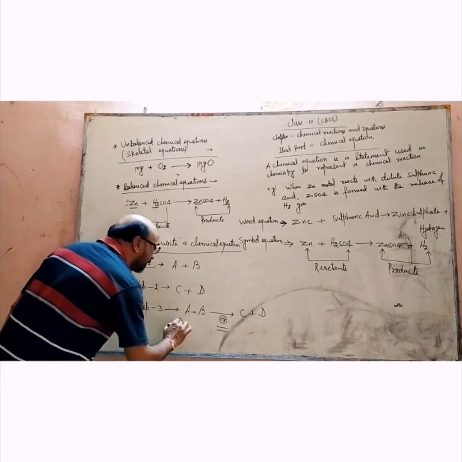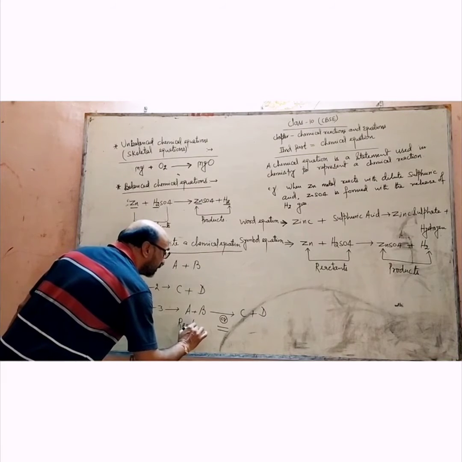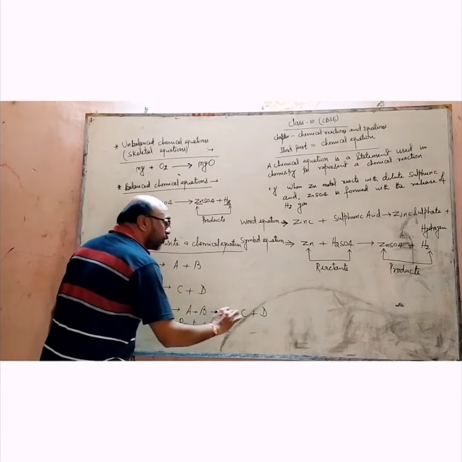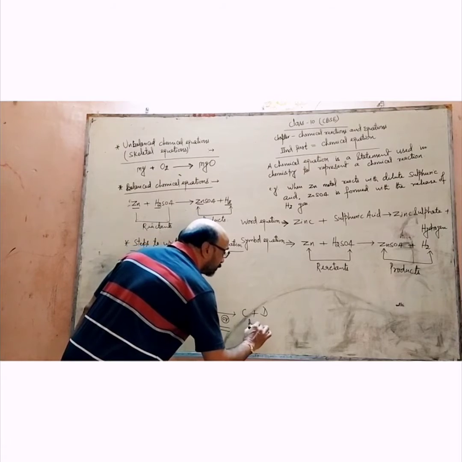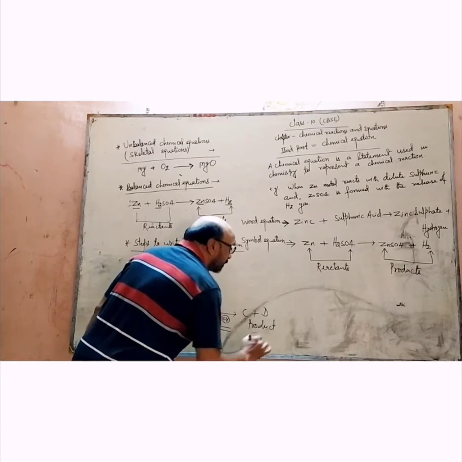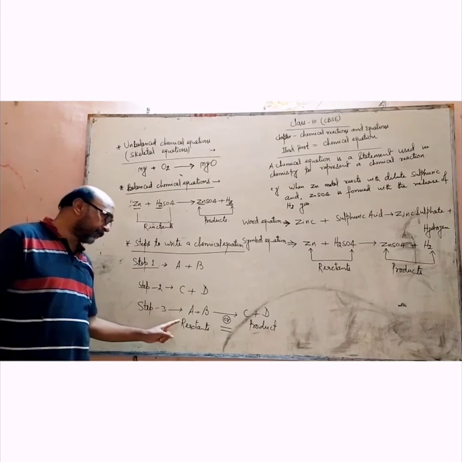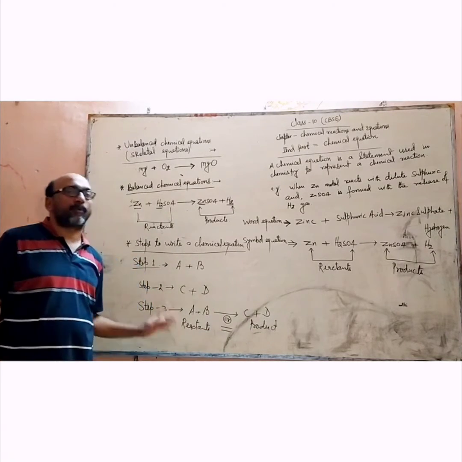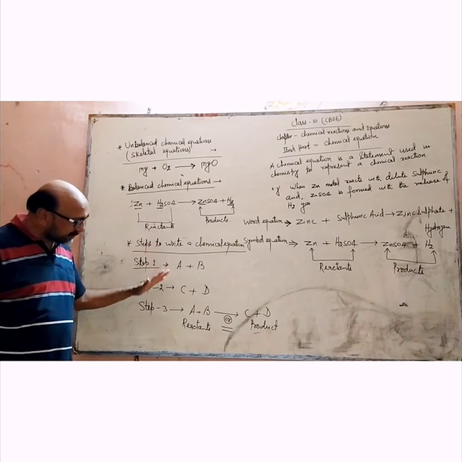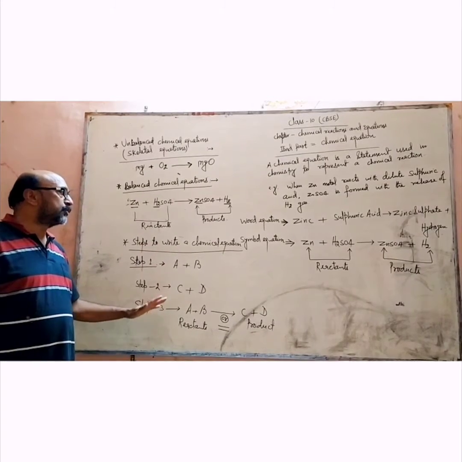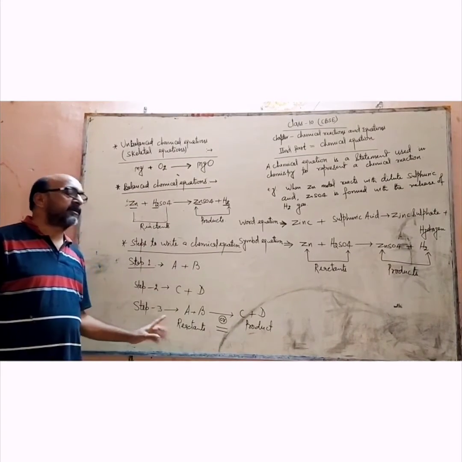These are reactants and these are products. We put the arrow sign or sign of equality between reactants and products. So these are three steps to write a chemical equation.